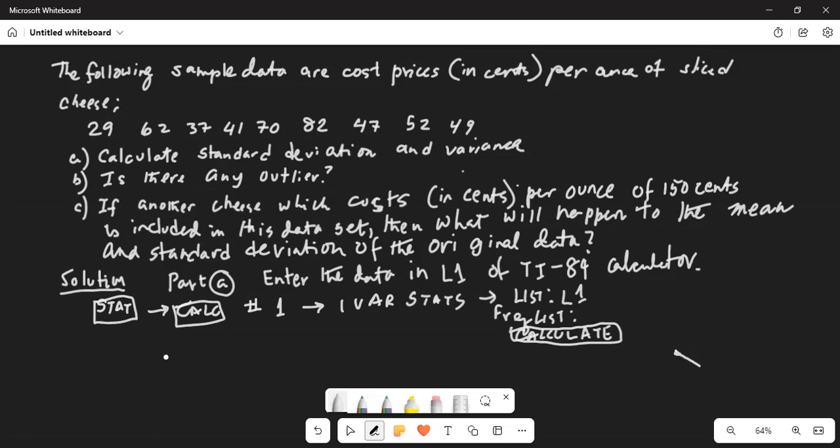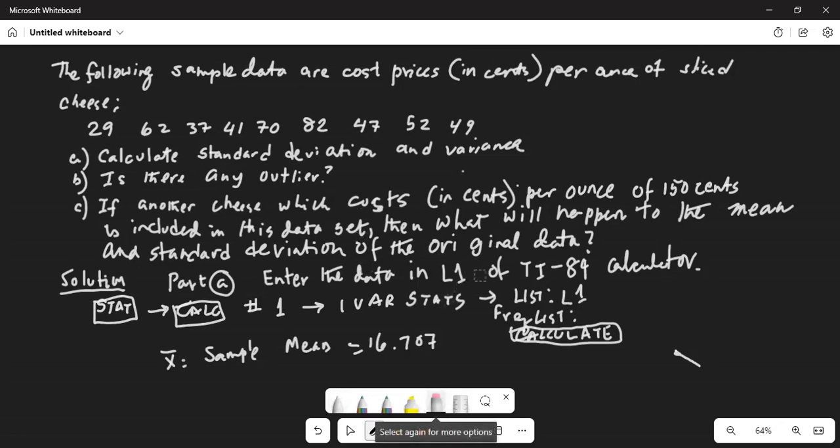So x bar, which is the sample mean, is 16.706, or 707, you might say. Okay, I got it wrong, so erase it.